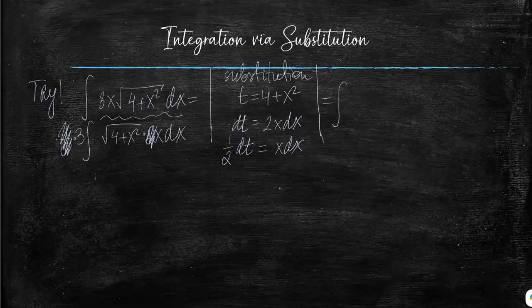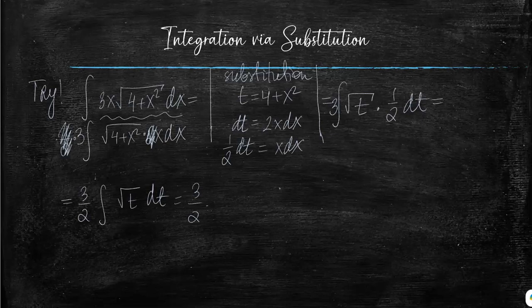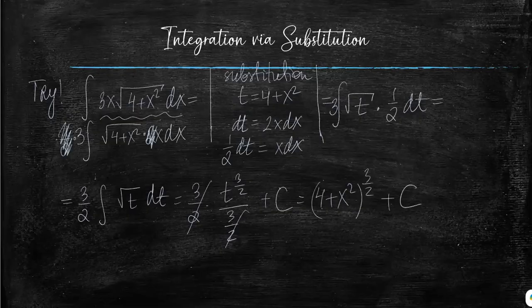What's more important is that we can plug everything in: 3 times square root of t times 1/2 dt. It's now a much simpler integral. And the final answer is t to the power 3/2 over 3/2. The 3/2 cancels, but instead of t, we have to write what t stands for: 4 plus x squared to the power 3/2 plus c.